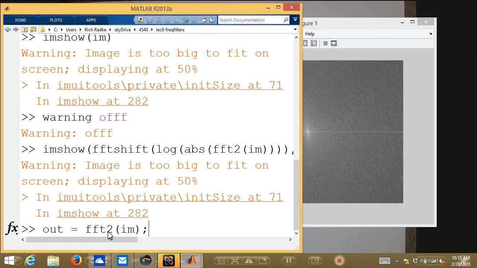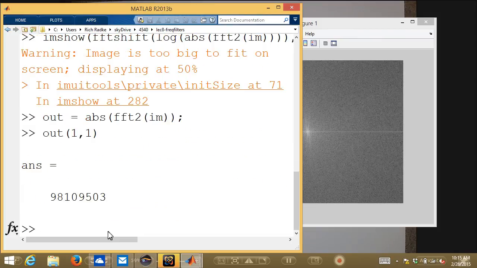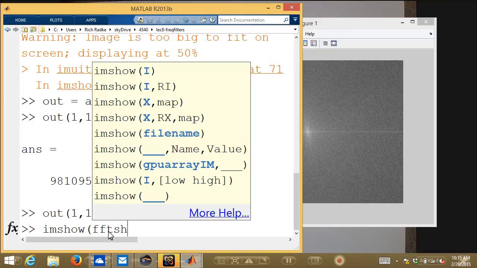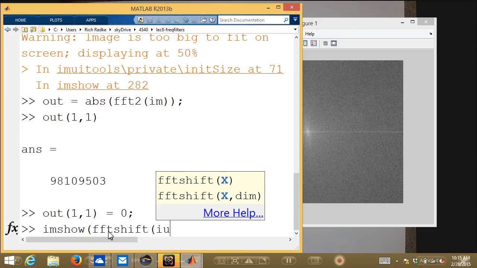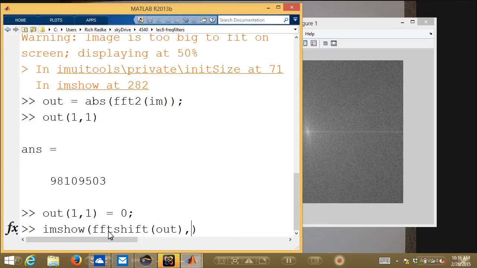So let's take my output as the absolute value of the FFT2. This is going to have some huge value at DC, right? So for the sake of argument, I'm going to zero that out to make it a little easier to visualize. And then I'm going to look at the FFT shift of this now.